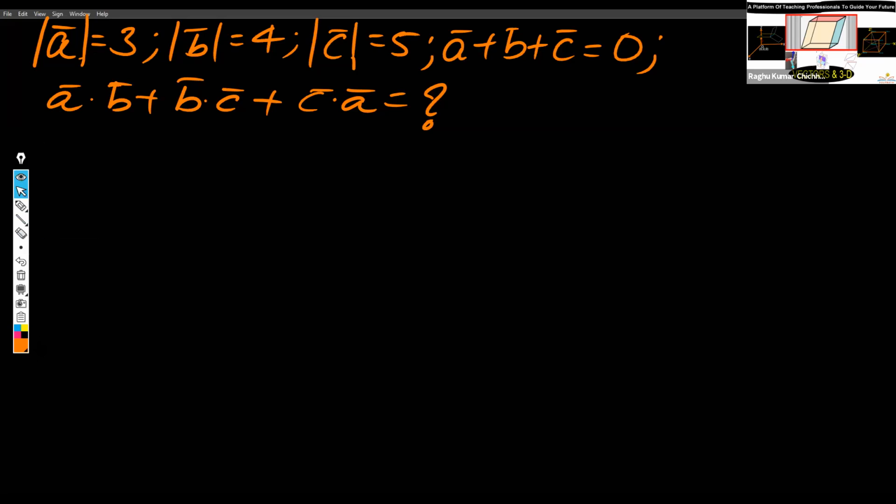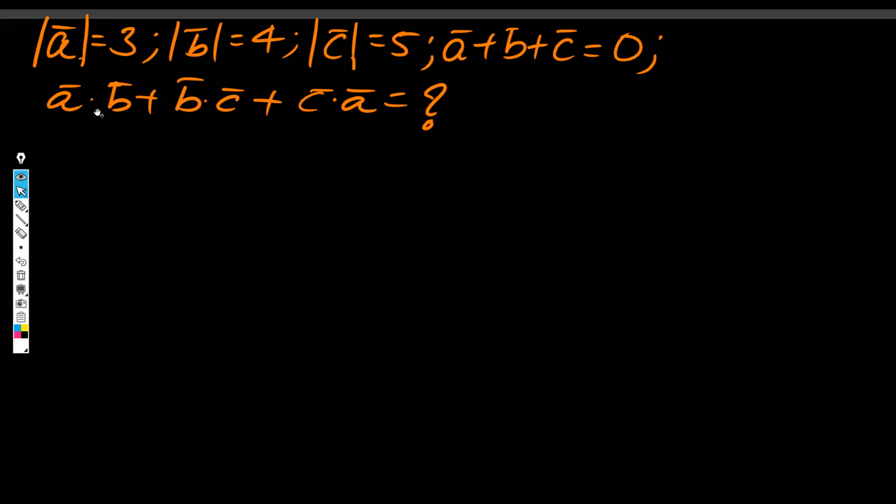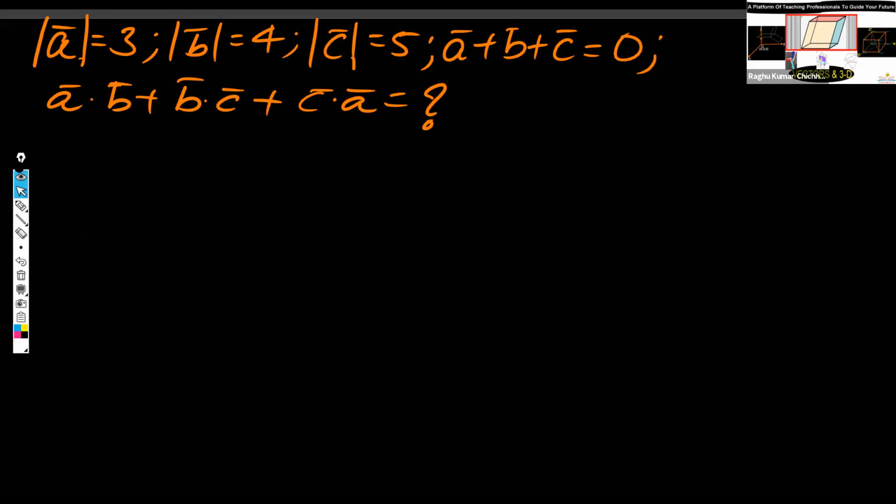Kaushik, now if you see this, what are the magnitudes of A bar, B bar, and C bar? 3, 4, 5. What is given? A bar plus B bar plus C bar is equal to 0 bar.